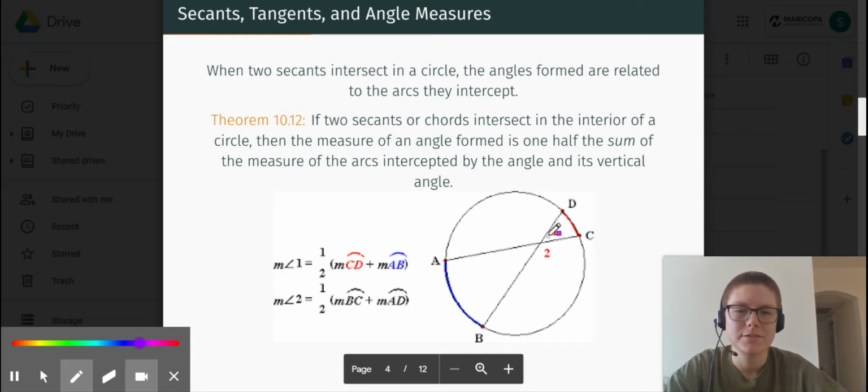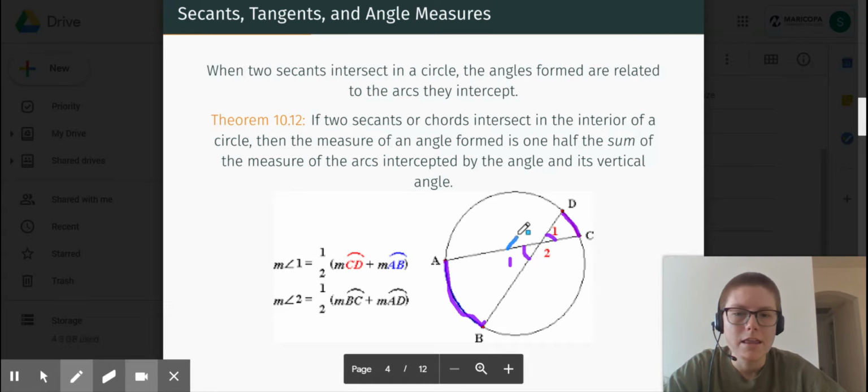Here we've got these two secants that cross and form these two angles. Angle 1 is half the sum of arc CD and arc AB. Since they're vertical angles, this one has the same measure as angle 1.